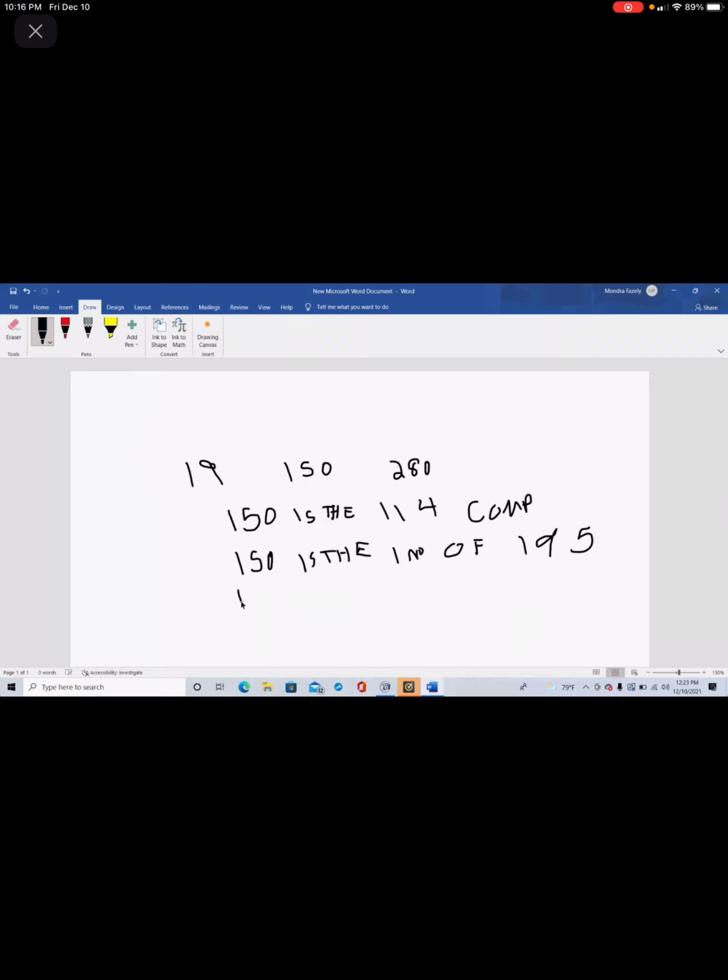So 150 also happens to be the numerical value of the word Isa.